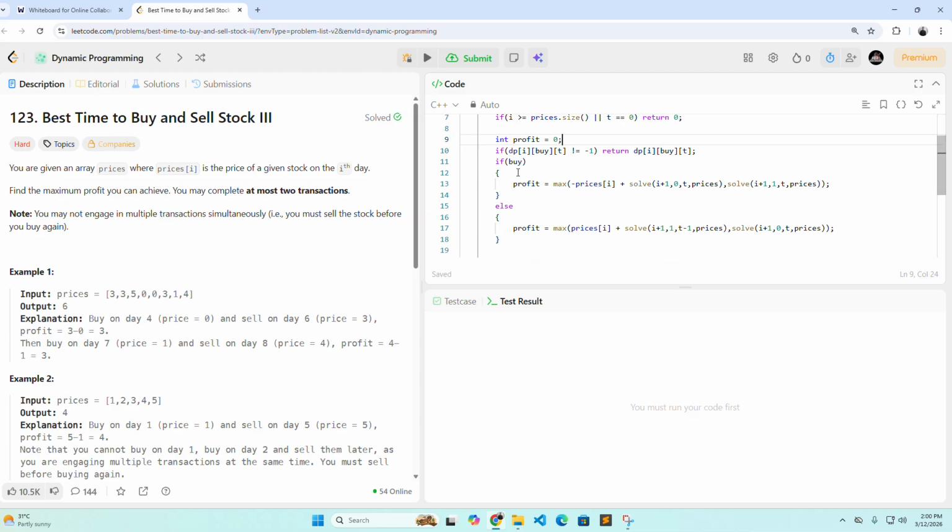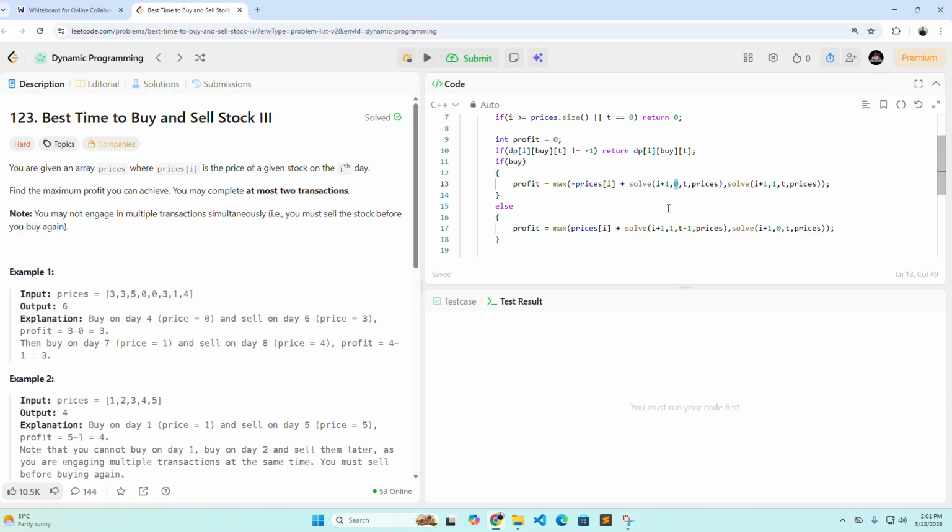Else if buy, when I can buy on the ith day because I did not buy any stock before, profit is equal to the maximum of: as I am buying, I have to give the money, so I use minus prices[i] plus solve. As I have bought the stock, the buy condition is 0.